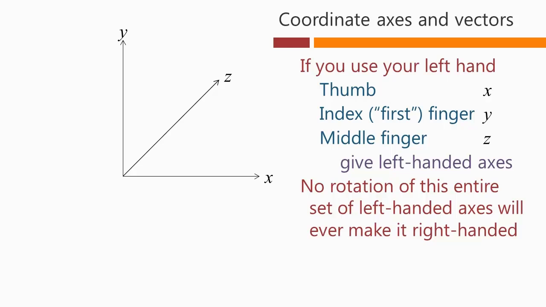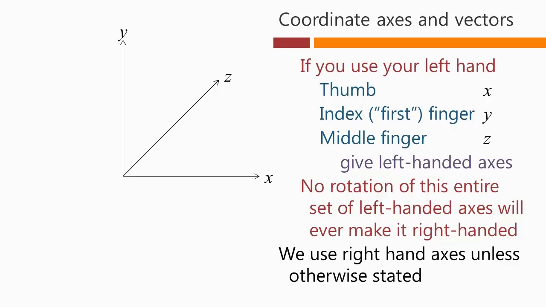You can flex your left wrist as much as you want and move your arm about, but the axes that you get in this way with the thumb, index finger, and middle finger of the left hand are always left-handed axes. We will use right-handed axes all the time, basically, unless for some reason we state the opposite of that.